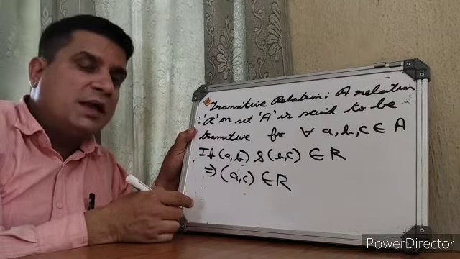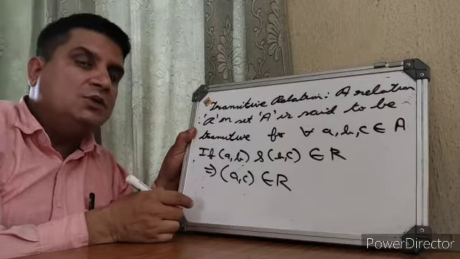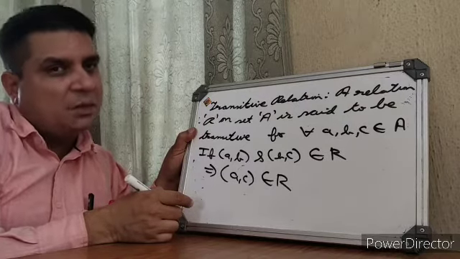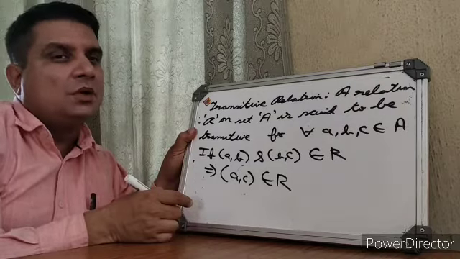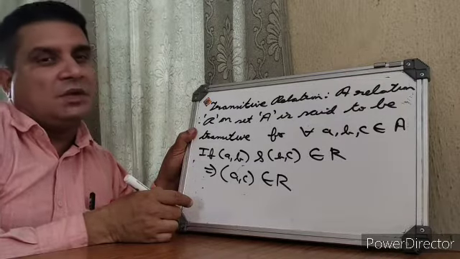Line 1 is parallel to line 2 and line 2 is parallel to line 3. This implies that line 1 is parallel to line 3. So this is your example of transitive relation.